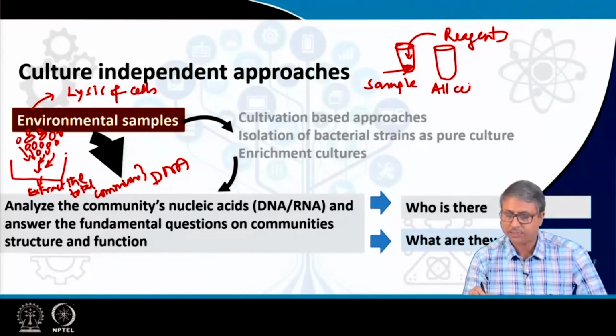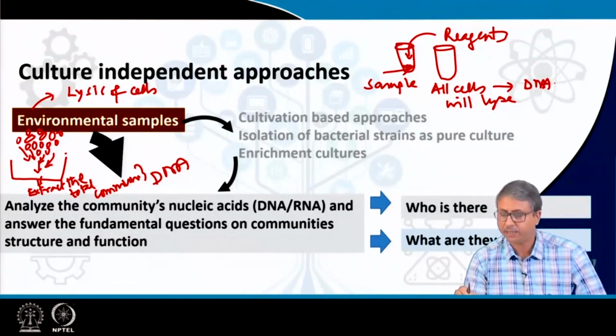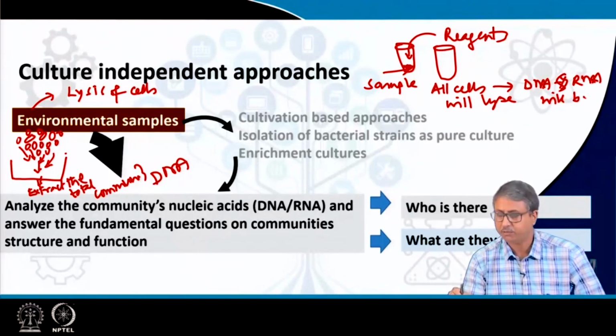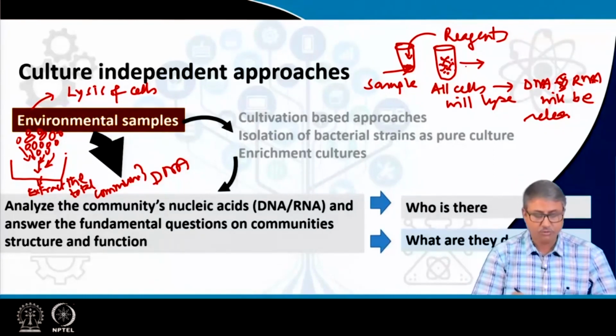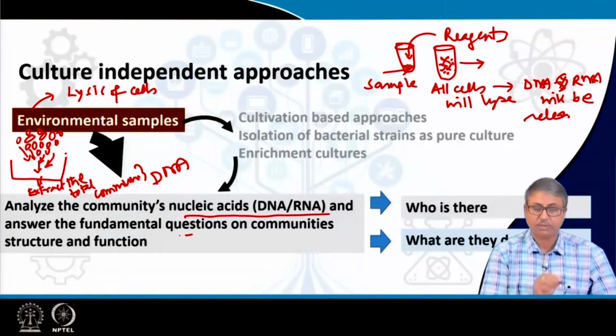So, all cells will lyse and their DNA and RNA and all the protein etc. will come out. DNA and RNA will be released. Now, that DNA and RNA will be there in this solution. Now, we can extract that, and that will be used, in this particular case, as the nucleic acids to answer the fundamental questions.